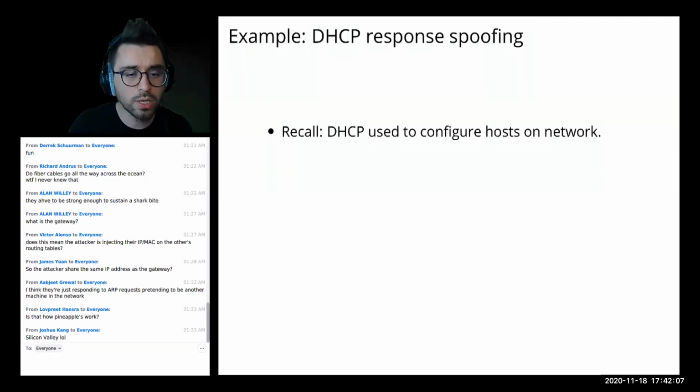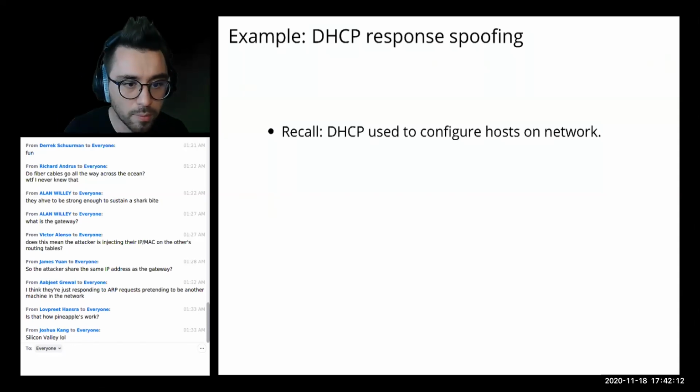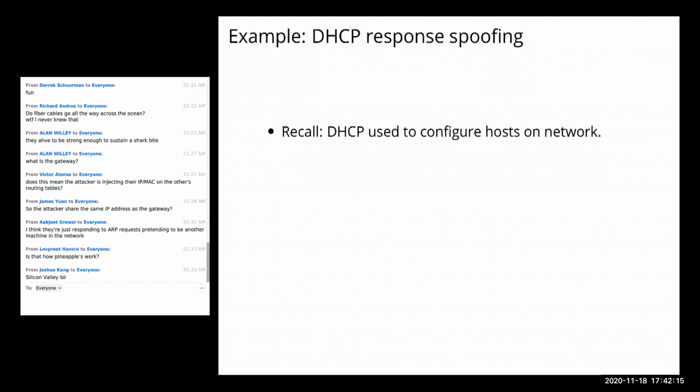Now what can we do as the attacker? Well, let's draw this out, right? So we have here my new laptop. I just connected to the coffee shop router. And the first thing that I do is I broadcast to everybody: what's my IP, right?